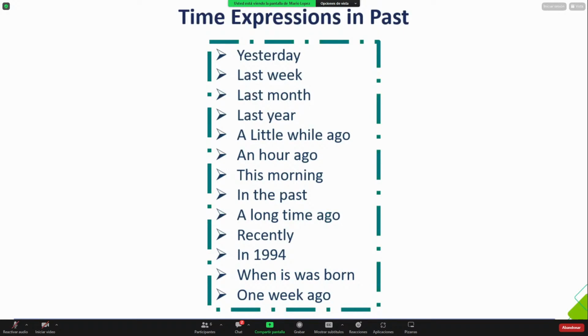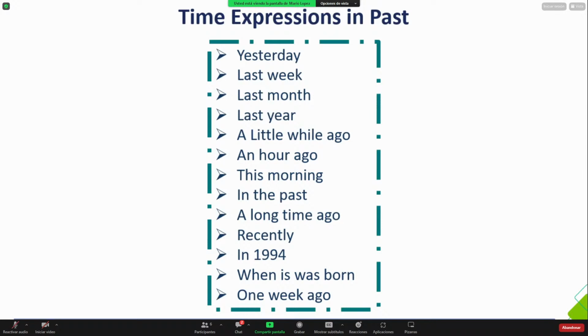So we have yesterday, ayer, last week, la semana pasada, last month, el mes pasado, last year, el año pasado, a little while ago, hace un ratito, o hace un momentito, o hace poquito. An hour ago, hace una hora. This morning, esta mañana. In the past, en el pasado.